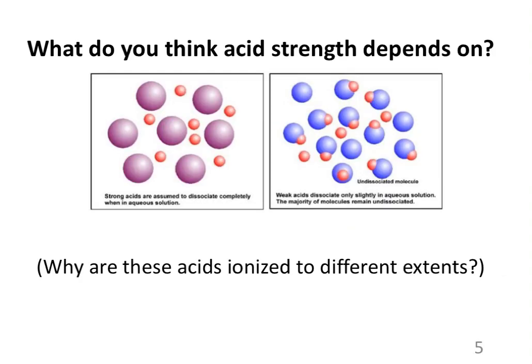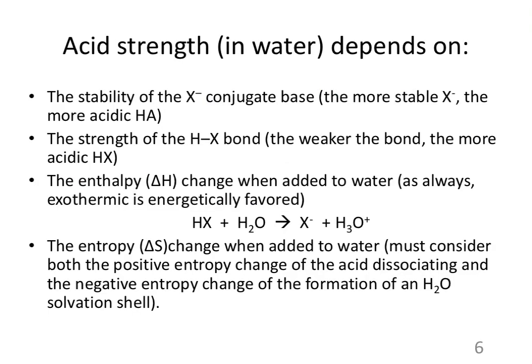All right, so now let's talk about the variables that determine whether or not an acid or base is classified as strong, and how you determine if one acid is stronger or weaker than another. There are four factors we're going to go over.